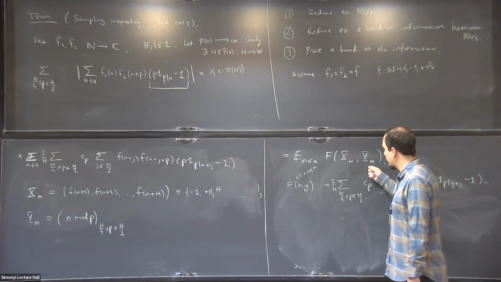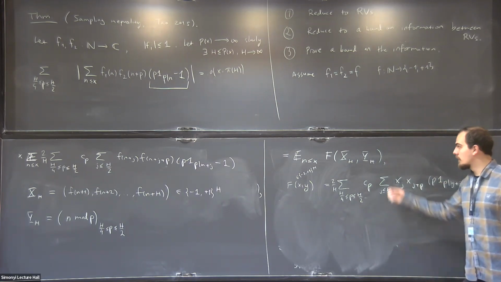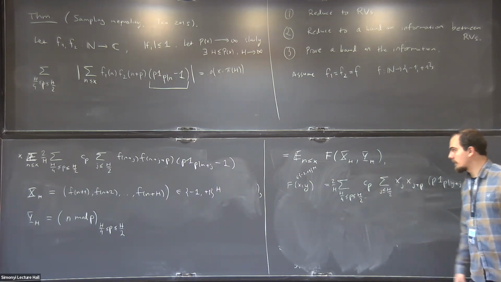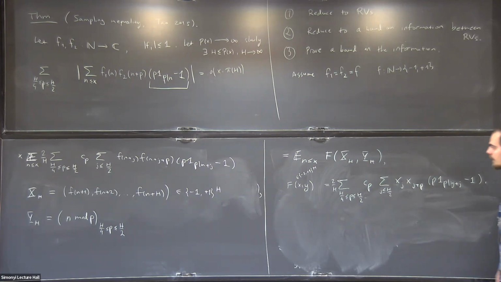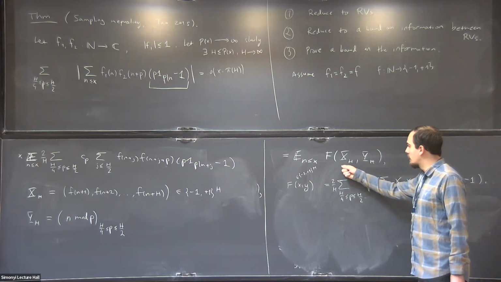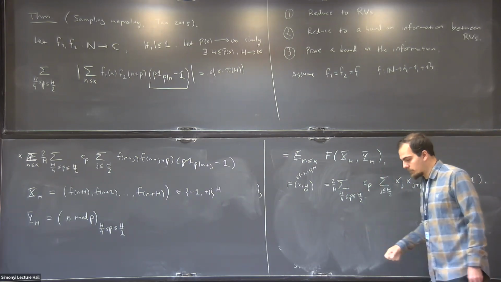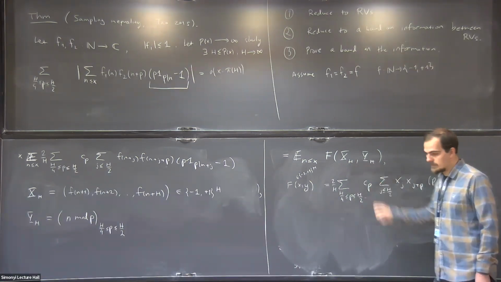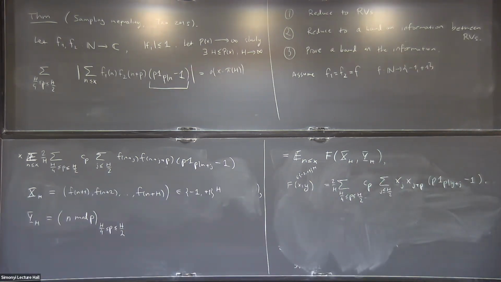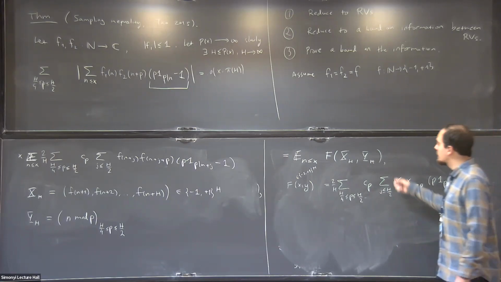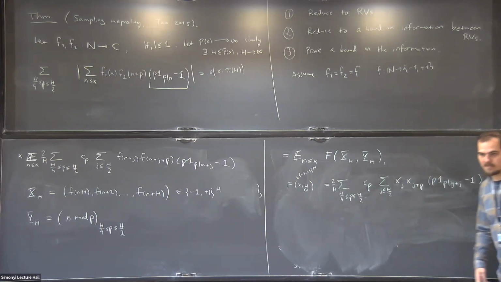But we can show something weaker, which still suffices to control this kind of expression. So if you know the mutual information between X subbase and Y subbase, which I'll define in a moment, and you have a bound on that, then you can control these kinds of expressions. So that's going to be step 2.